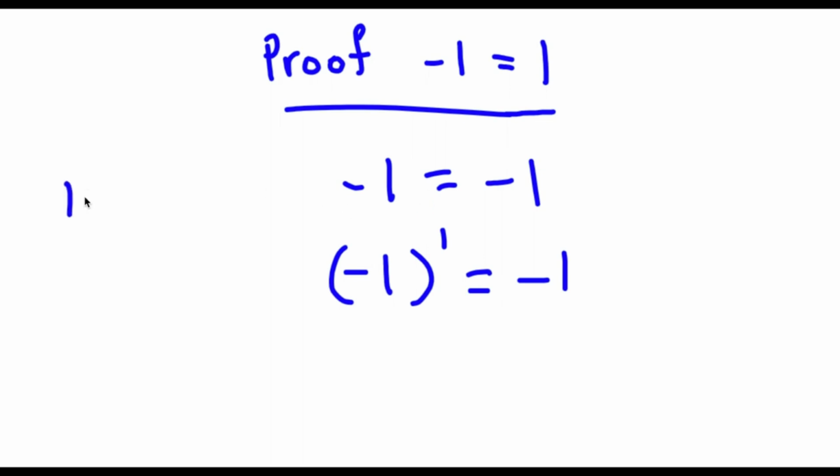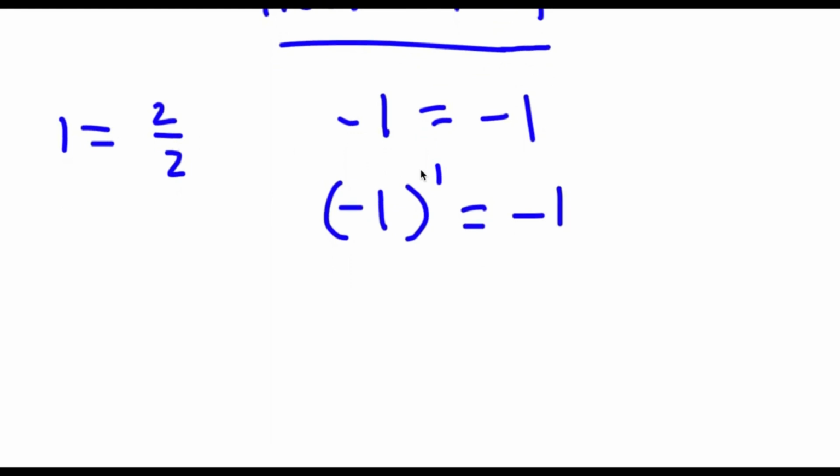And 1, this is the same thing as 2 over 2. So if I replace 1 with 2 over 2, I get negative 1 to the power of 2 over 2 is equal to negative 1.